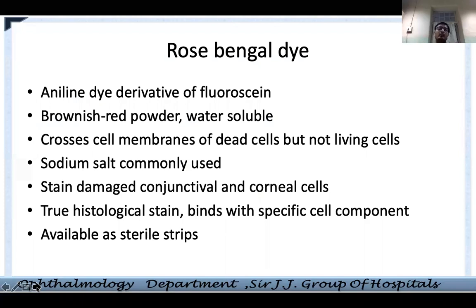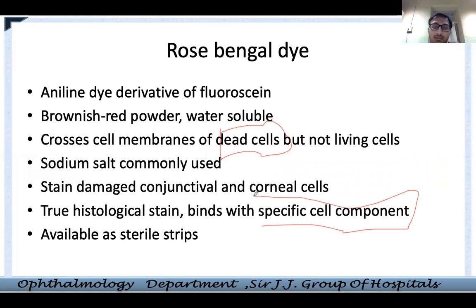Now coming to the rose Bengal dye, again we have covered most of the things about it. I want to highlight two things here. First, it basically stains your dead cells and the devitalized cells. It goes and binds to a specific cell component, which is nothing but the nucleus.